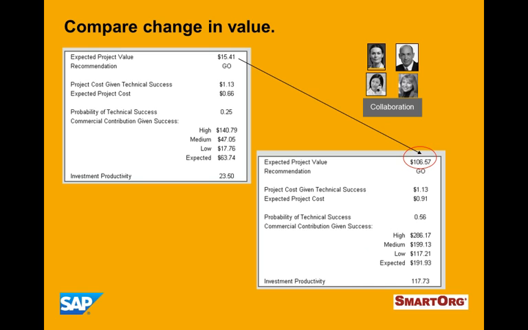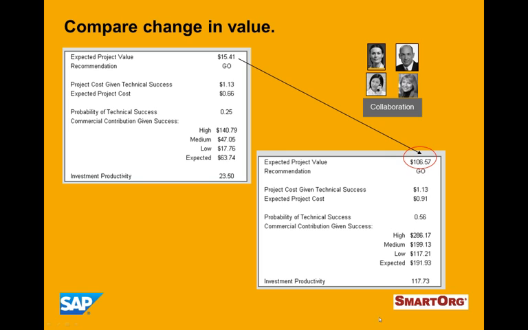And comparing the change in value here, you can see this. By the way, expected project value that we show at the top is project value totally weighted for the impact of uncertainty on both the can-we-do-it technical side as well as the commercial side.